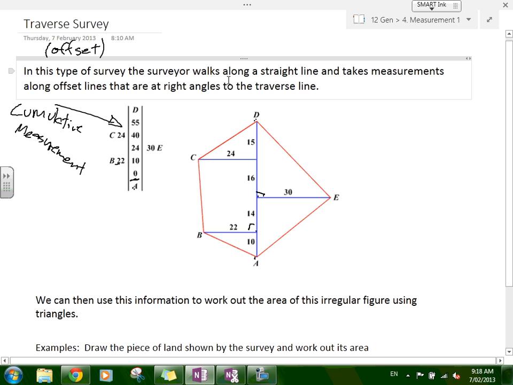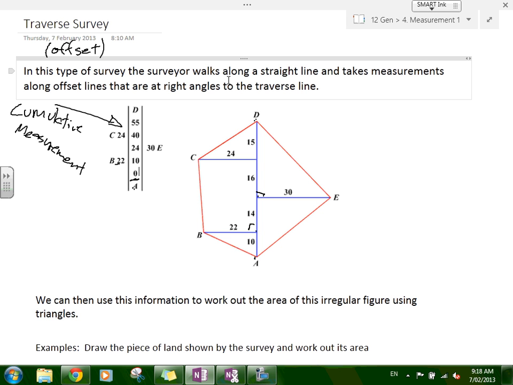Okay, so your cumulative distance from one point to the other when you're writing it like this, and at each point where you're measuring out, you have to write what the distance is either on the right-hand side or the left-hand side. Okay?